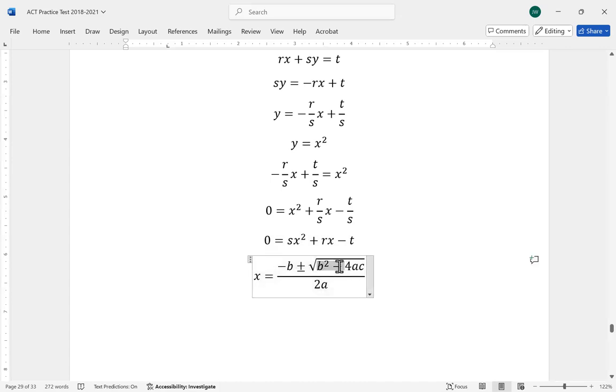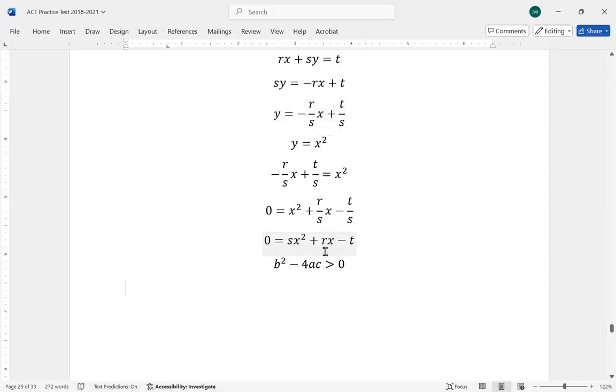Well, I get that when the b squared minus 4ac is a positive number. Then I'll get multiple solutions.